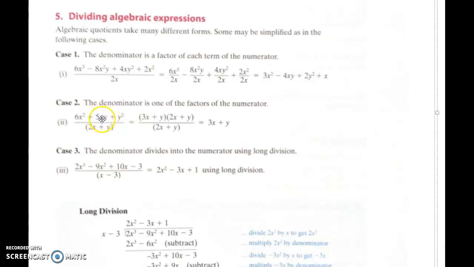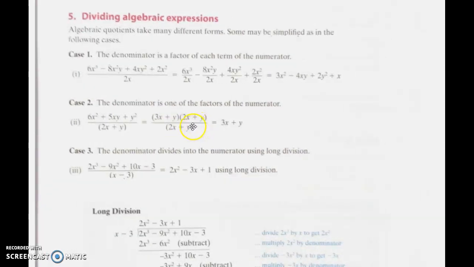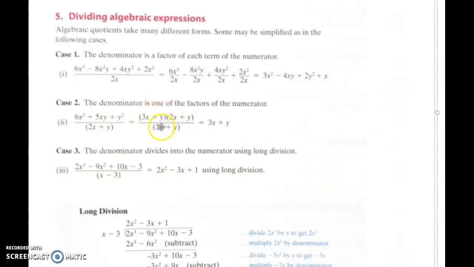Once you have that done, you can factorize by grouping, and you get 3x plus y multiplied by 2x plus y, all divided by 2x plus y. So your common factor divides out, and you're left with 3x plus y.